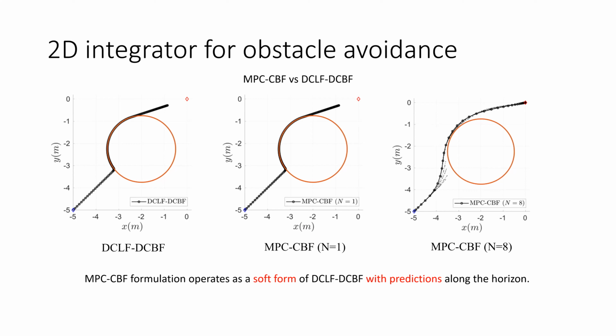And when we compare figure 1 and figure 3, we can see that MPC-CBF did bring prediction into DCLF and DCBF, making the whole trajectory much smoother. To sum up, the MPC-CBF formulation operates as a soft form of DCLF and DCBF, while with prediction along the horizon.